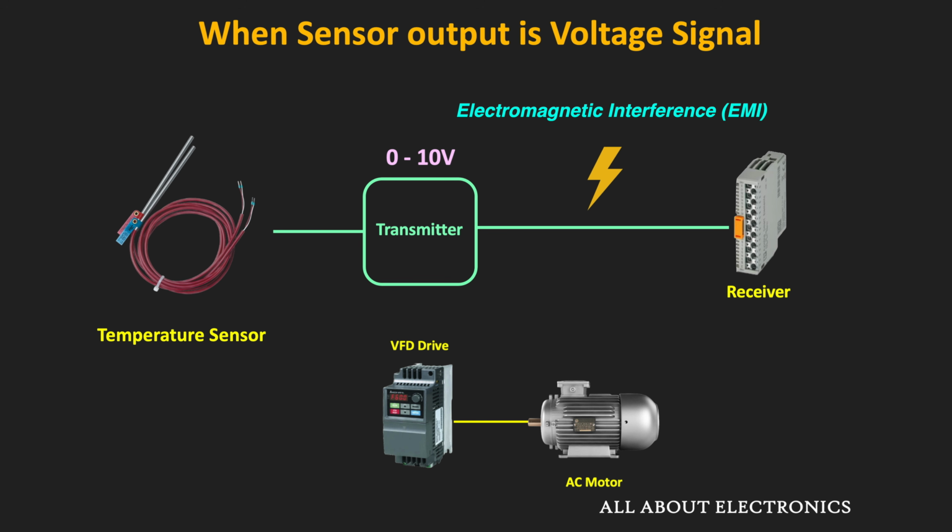This electromagnetic interference can induce a small voltage in the signal wire and this small voltage can corrupt the measurement. For example, let's say the transmitter is sending a 5 volt signal, but due to this noise or EMI, the receiver in the control room receives 5.1 volt. And sometimes this change in voltage can cause a problem. So in short, in this industrial environment, the voltage signal is susceptible to noise.